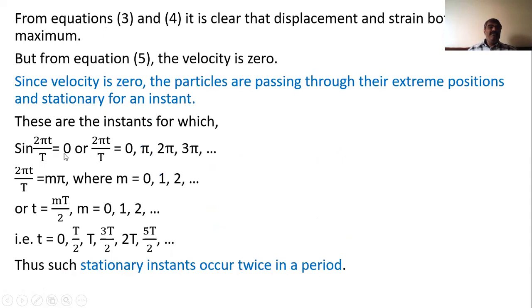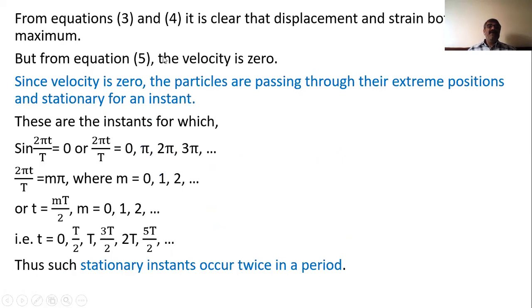Now the important point is that the particles in this case are passing through their extreme positions and they are stationary. Why? Because their velocity is 0.